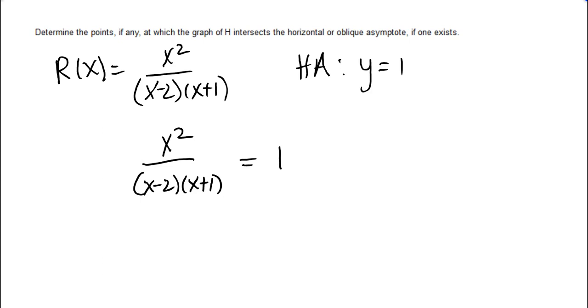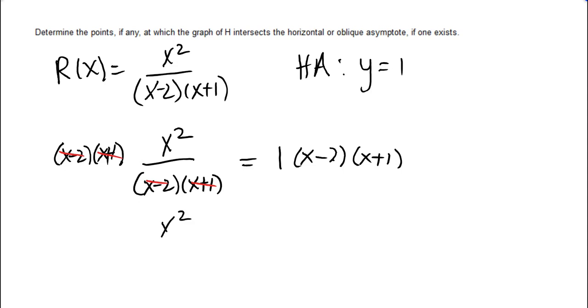So to solve this, I would multiply both sides by x minus 2 times x plus 1. This is going to allow me to clear the fractions. That cancels out these fractions from the left. And on the right, I'll multiply that out to get x squared plus x minus 2x minus 2.